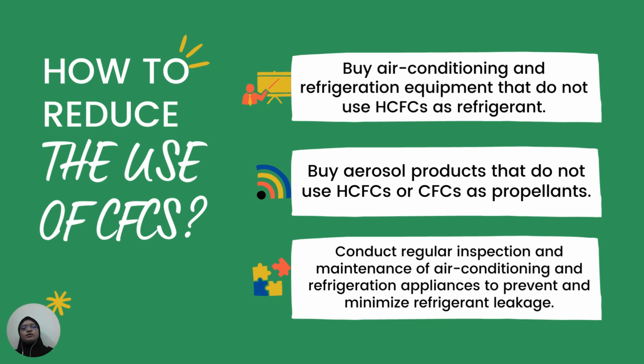We can also buy aerosol products that do not use HCFC or CFCs as propellants. Or if you can't find any aerosol products without these CFC propellants, we can reduce the use of it by using less amount of them.